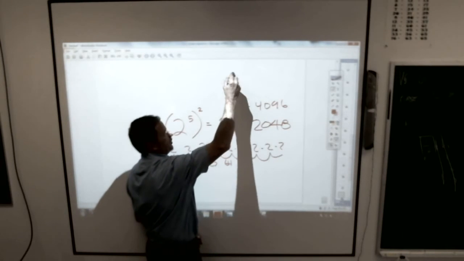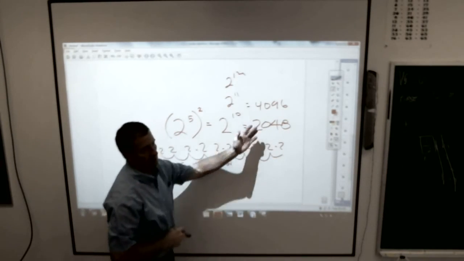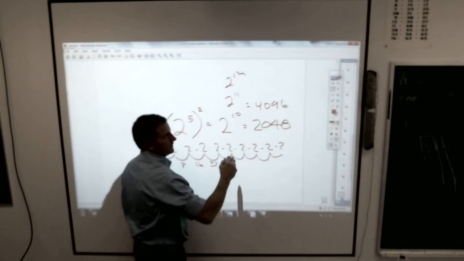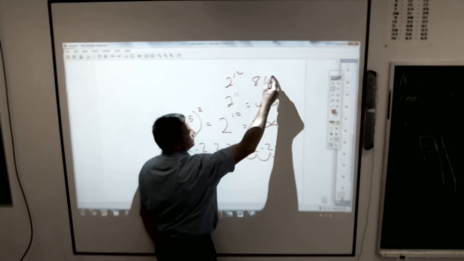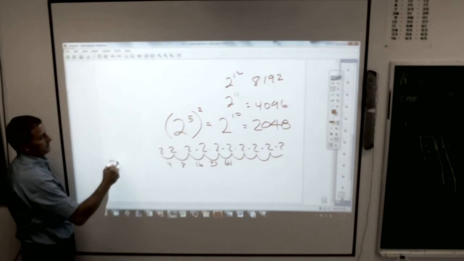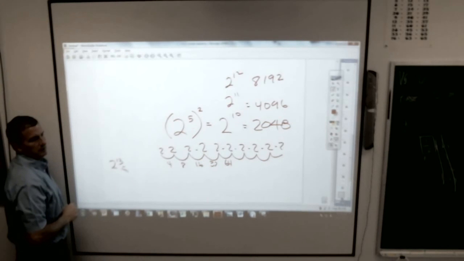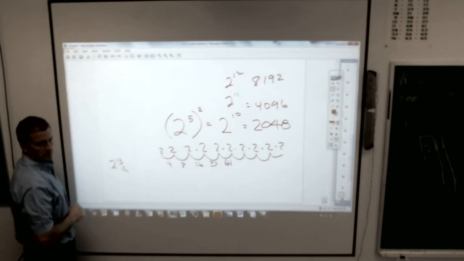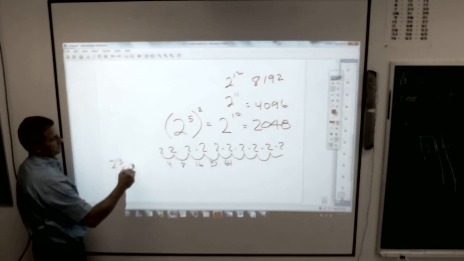What would be 2 to the 12th power? Double that, you get 8,192. 2 to the 13th power? 16,384.